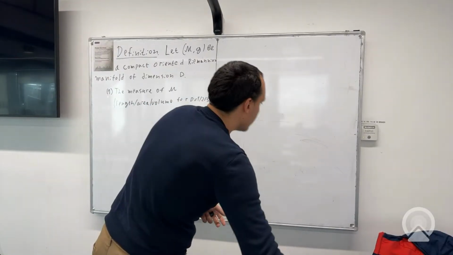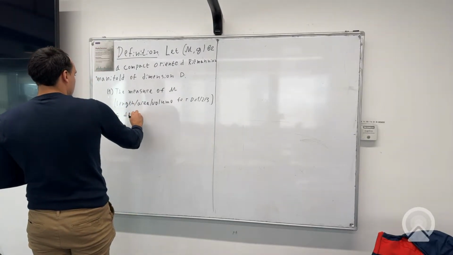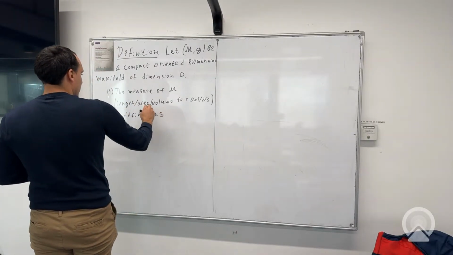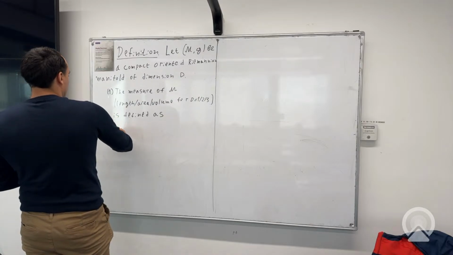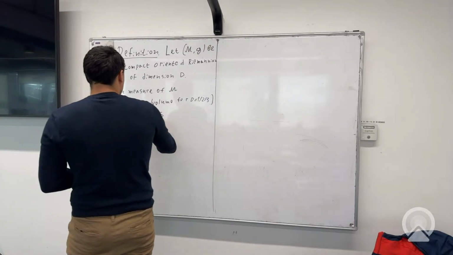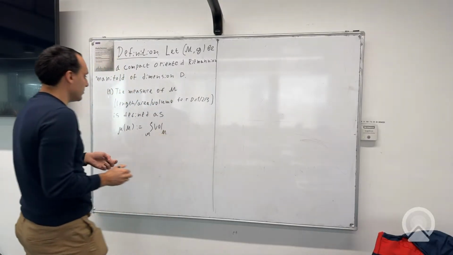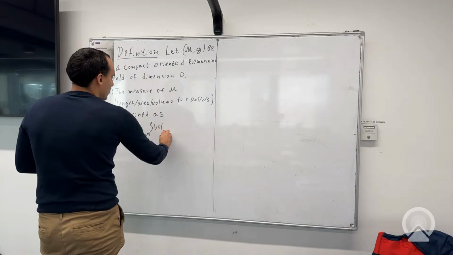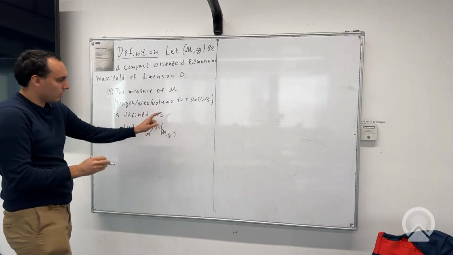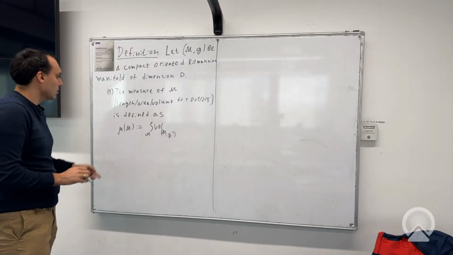The measure of M is defined as, let's call it mu of M, the integral over M of the volume form of M. Maybe with respect to G, but usually only vol. I will write only the symbol vol.